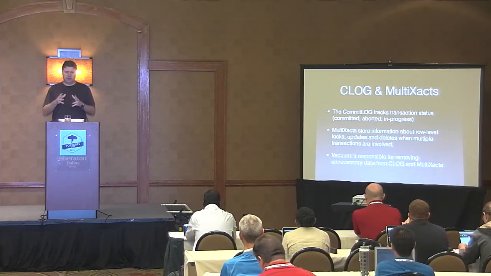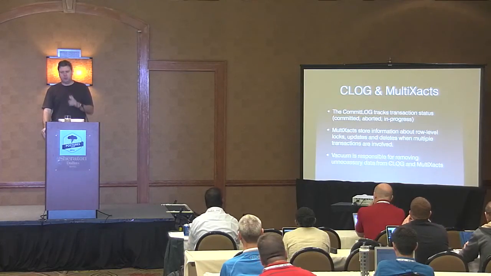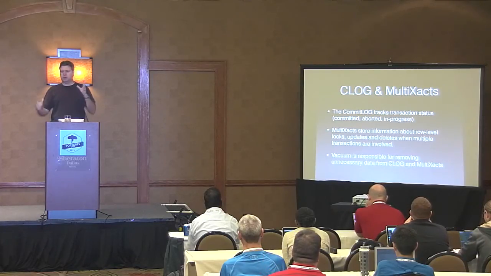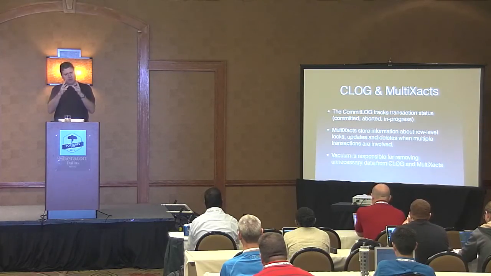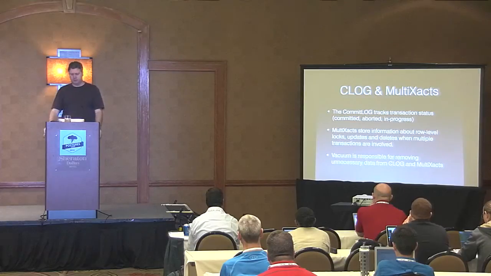That's the big use case, but there are some other scenarios that can get into that, which I'll get into later. Vacuum is what's responsible for removing data from the clog and the multi-transaction log. So it does more than just keep your table size and hopefully your index size in line. It's also responsible for some other parts of the system as well.